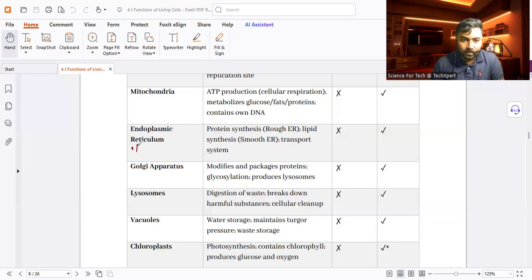One is rough ER, which has ribosomes. Then smooth ER has no ribosomes. Can you write this? Rough ER, ribosomes. Smooth ER, no ribosomes.